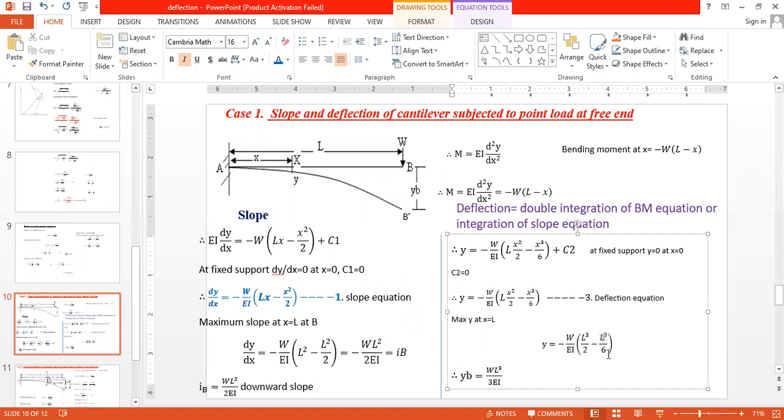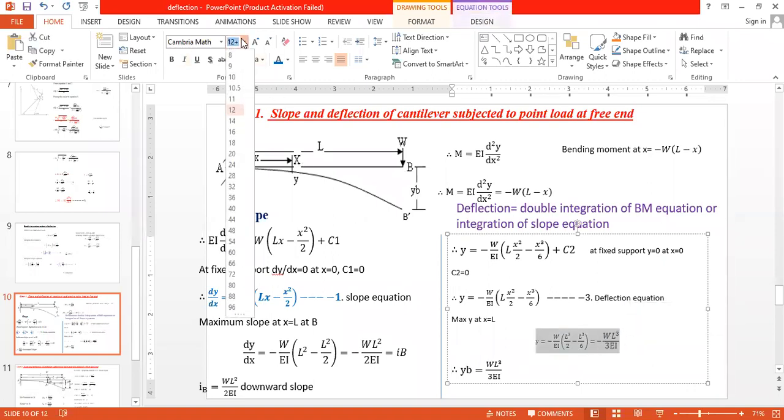Now when we do the addition of these two terms, it becomes minus WL, I will increase the font, then you will get the idea.